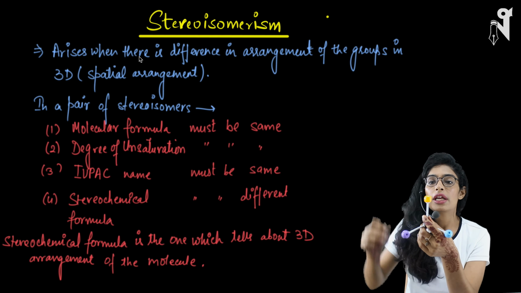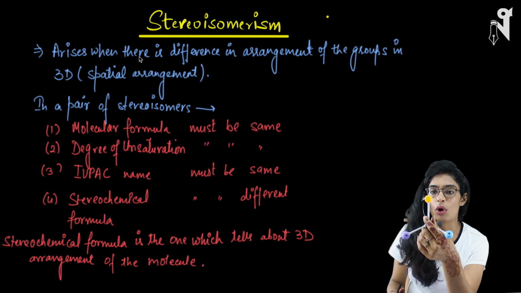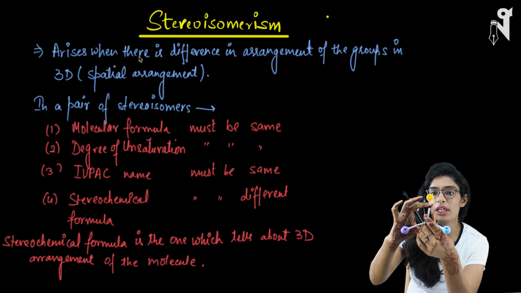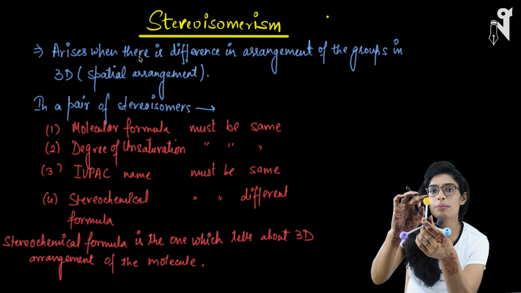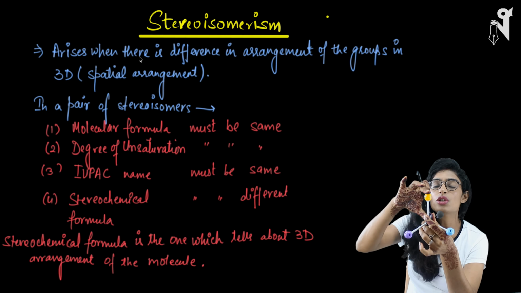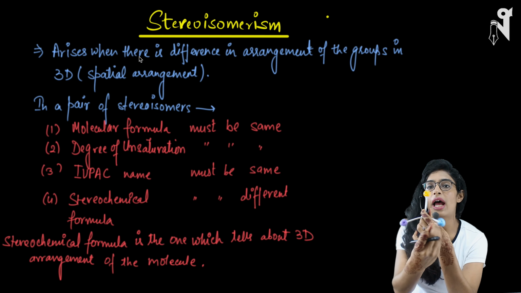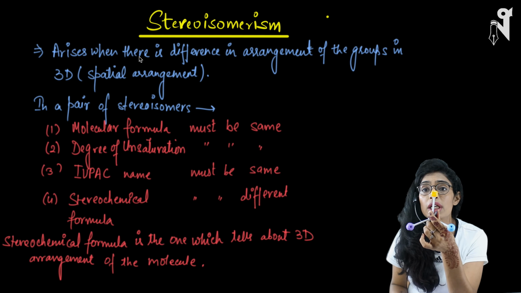Earlier, if this is how I'm viewing the molecule, now in front of me I have this yellow ball and the white ball behind. These two are towards me, and the purple and the blue ones are away from me.